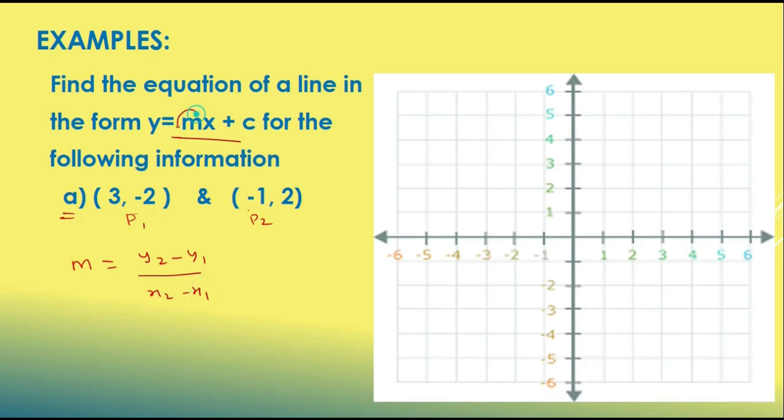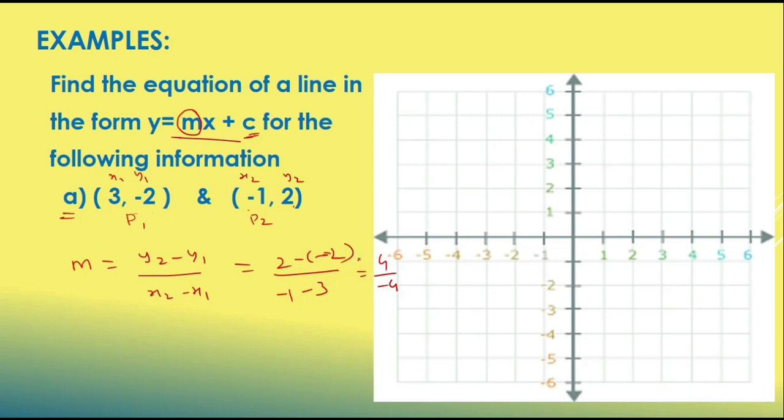Then you will find m, isn't it? And how to find c, we will see next. With x1, y1 and x2, y2, m is 2 minus of minus 2 over minus 1 minus 3, it will be 4 over -4.